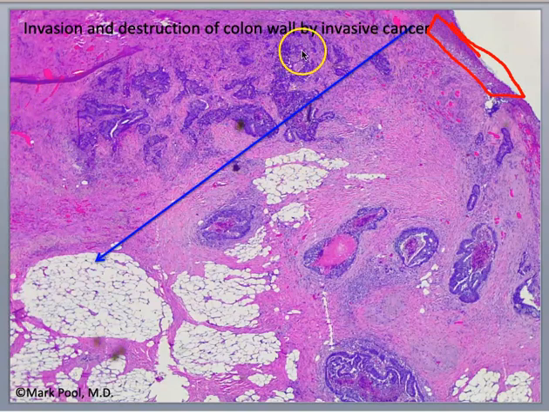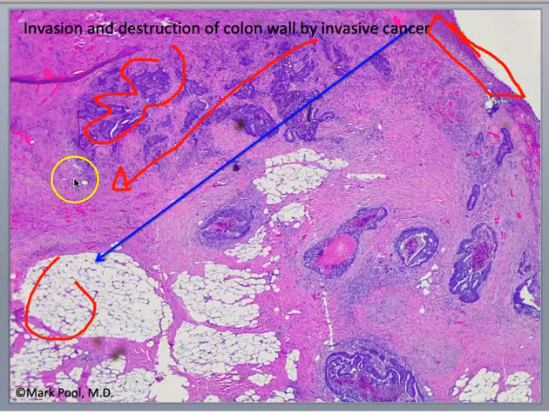The wall is completely replaced by these malignant glands and nests of cells that are invading from the surface through the bowel wall and into the surrounding adipose tissue. So there's no normal colon here. So this is showing several microscopic features of invasive cancer.